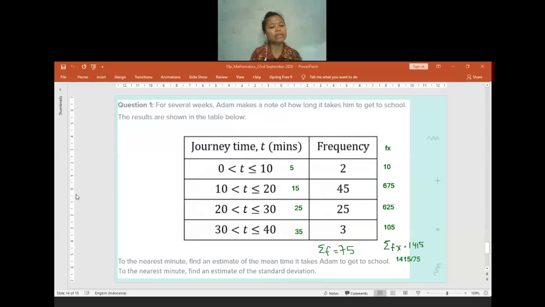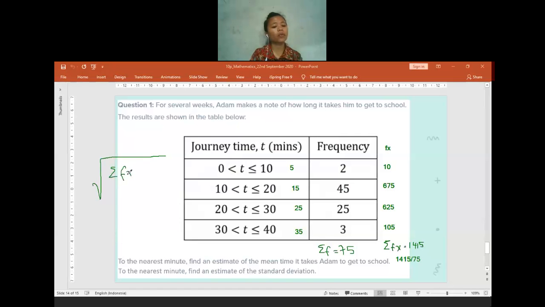Now for the next question, we have to find the standard deviation. Is there anyone who still remembers the formula for finding the standard deviation? Square root of what?